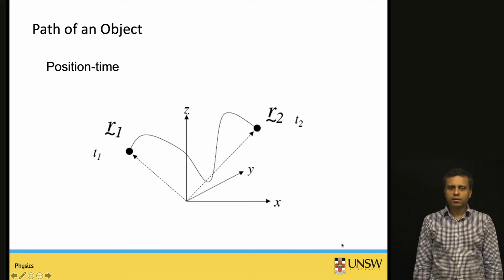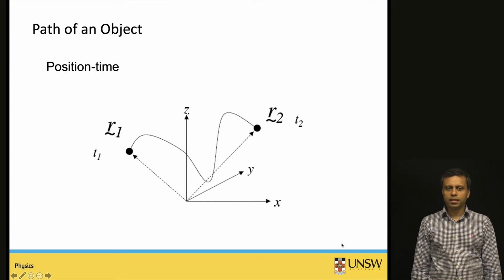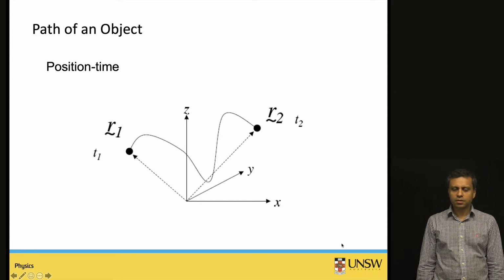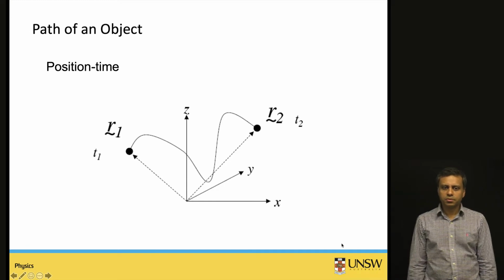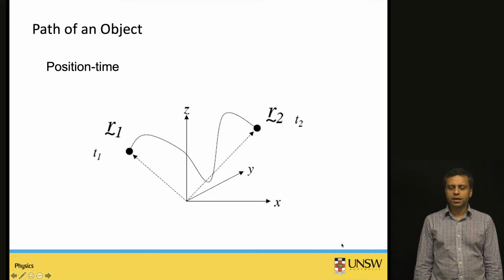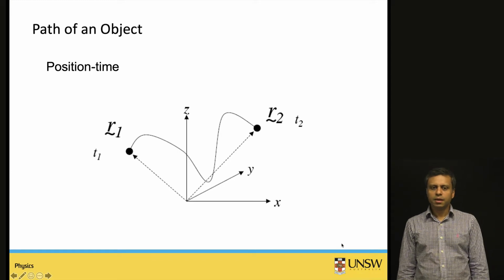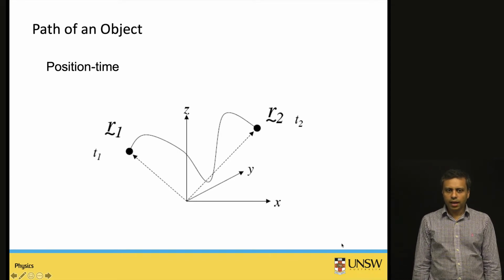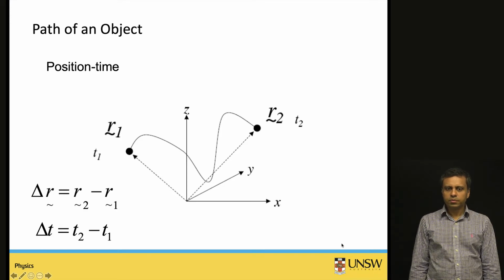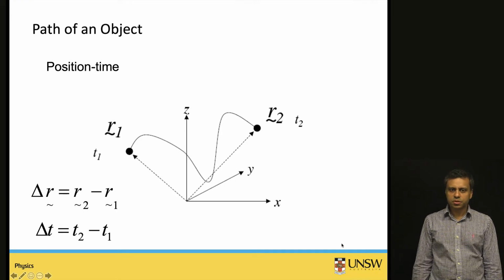We can refer to these positions r1 and r2 as you see in the plot here in a three-dimensional coordinate system, and the actual path could be very complicated. To go from r1 to r2, the particle need not travel in a straight line, but can have a very complicated path, as you can see in this plot. And so we will obtain the quantities that describe such motion in more detail.